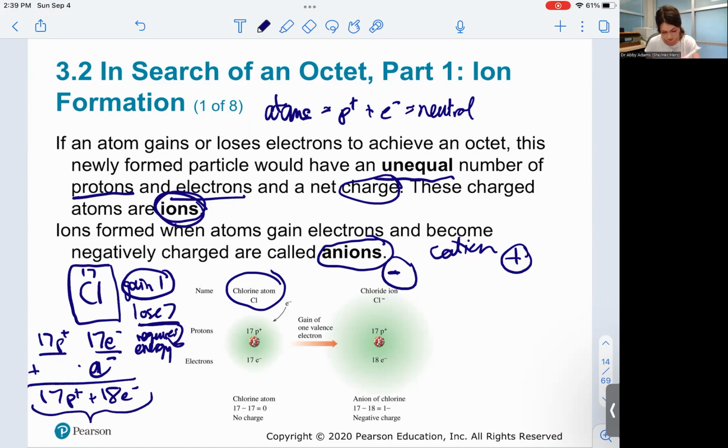So this is what you're going to have whenever you have this chlorine ion, okay? The chlorine ion electron configuration is going to look like what? It's going to look like another atom of an element that has 18 electrons.